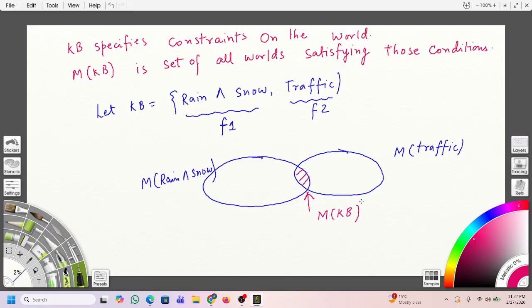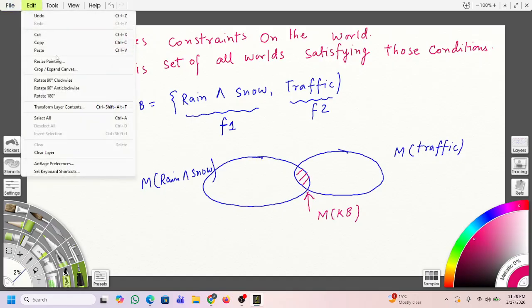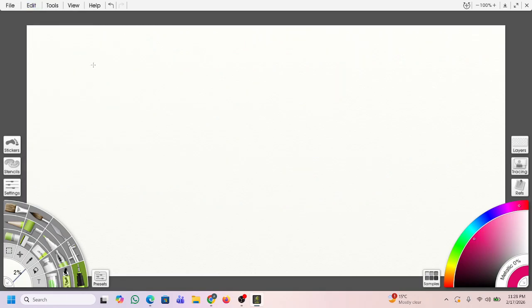So I hope it is clear what we mean by KB. Now I will explain it again. If this is formula 1 that we saw, that is raining and snowing, and this is formula 2, that was traffic.